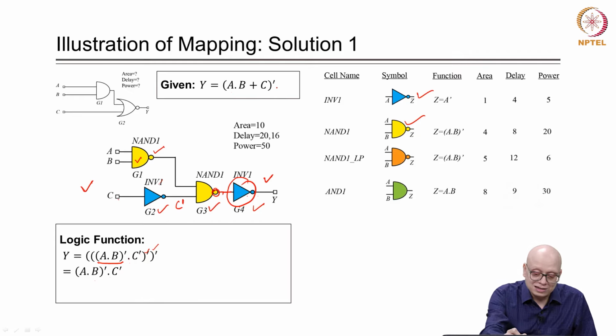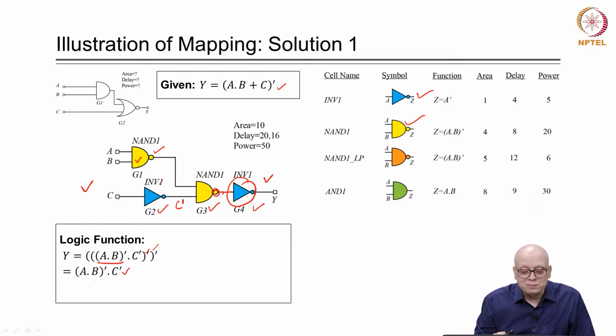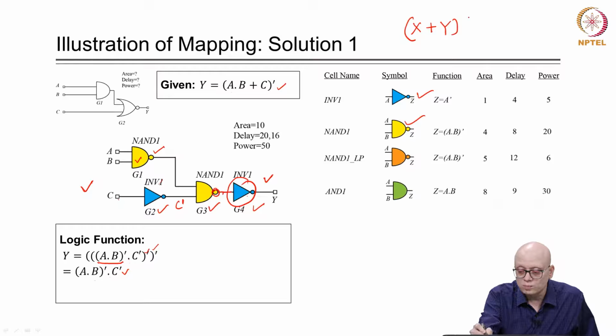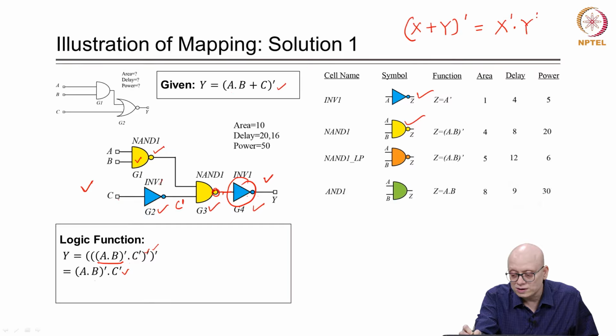Now, are these 2 equivalent? To establish their equivalence, we have to invoke De Morgan's law. You might be aware of this formula: (x plus y) whole complement is equal to x complement dot y complement. This is from De Morgan's theorem.